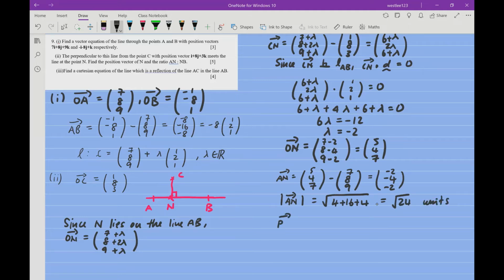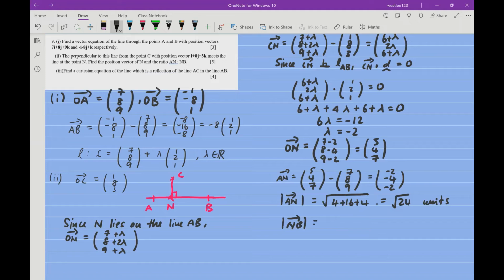For BN, endpoint minus starting point, so N minus B, oh sorry, we are finding NB instead of BN, so NB, change this.